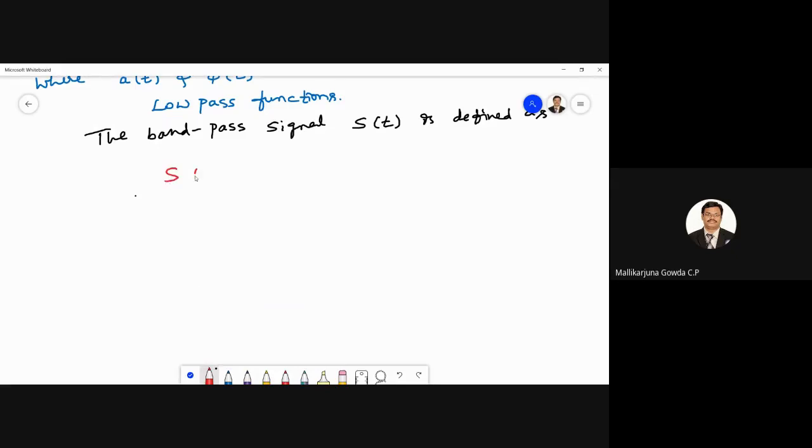Yeah, of course there is the Cartesian form representation, what you said, Noreen. So the standard definition of the bandpass signal S of t is equal to the real part of S tilde of t into e power j 2 pi fct.